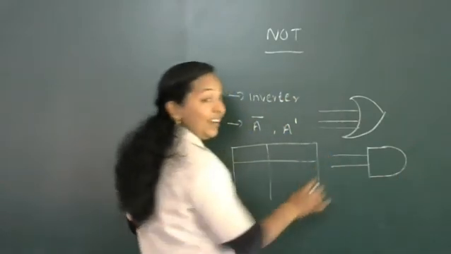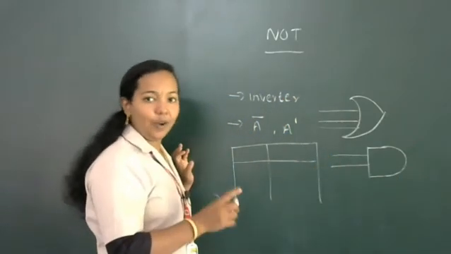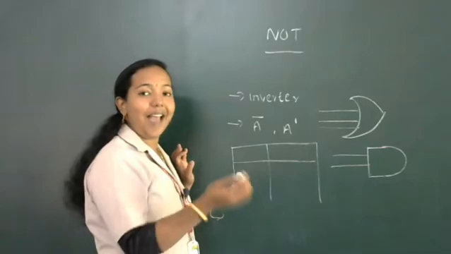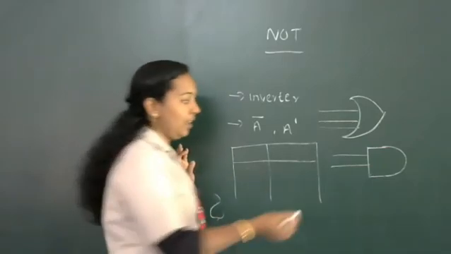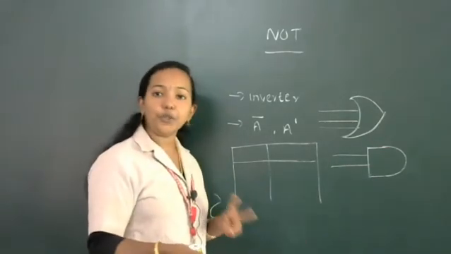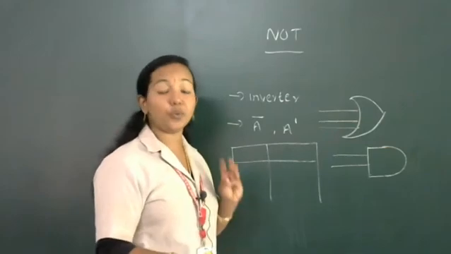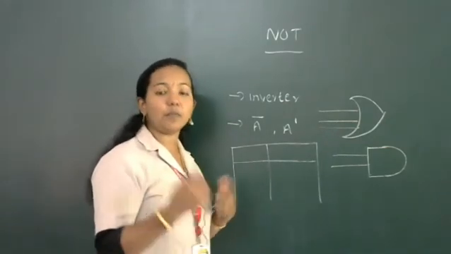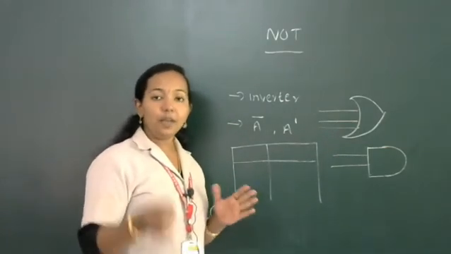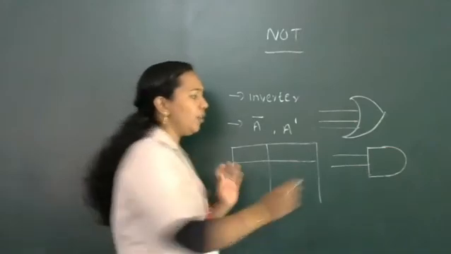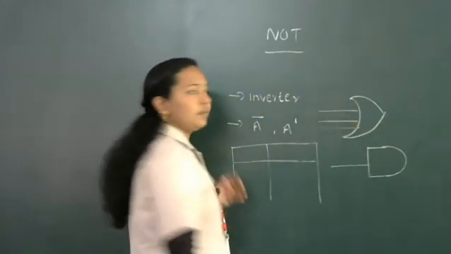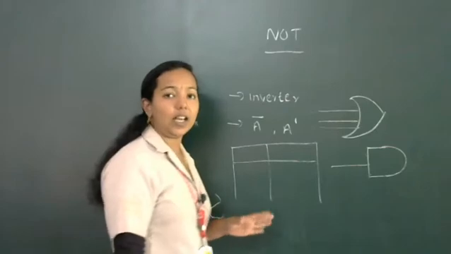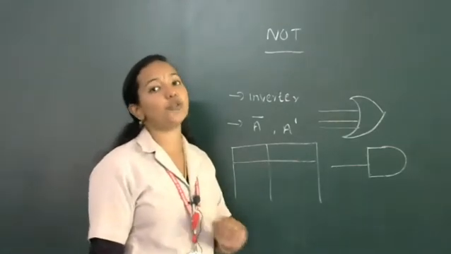What do these two lines indicate? Inputs. How many numbers we are giving as input. We already studied the 2 input AND gate and also the 3 input AND gate, that means more than 2. A single input is not allowed in the AND gate and also the OR gate.